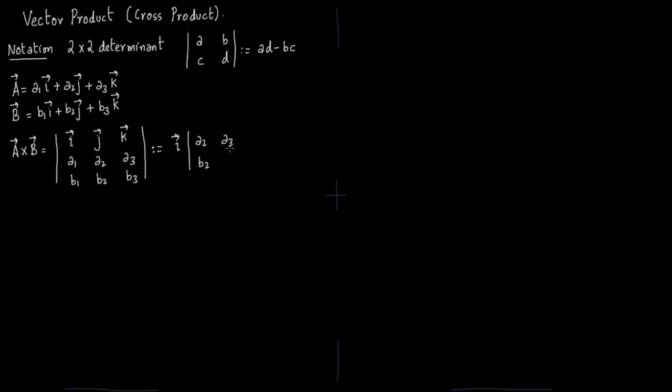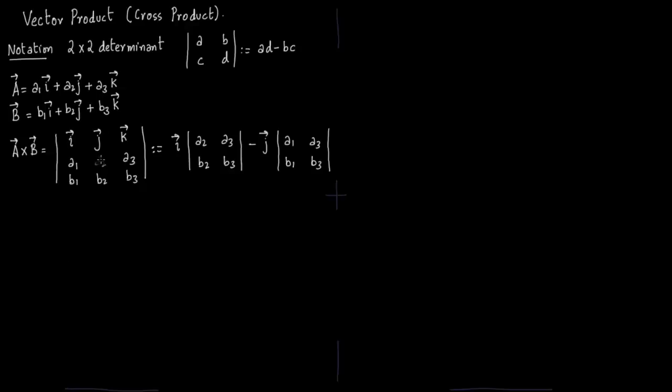Now this could be difficult to remember. A small trick to remember this is, you just delete the elements under the i vector and the remaining elements you take a determinant of. Remaining are A2, B2 and A3, B3, you take their determinant. Now minus j vector, notice there is a minus sign here, times the 2 by 2 determinant of A1, B1, A3, B3.